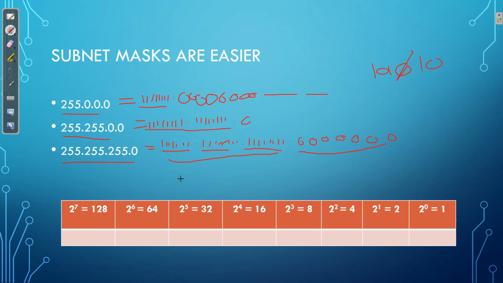However, something like this would be a valid subnet mask because we have a consecutive string of 10 ones followed up by 22 zeros. Now that would be a valid subnet mask.